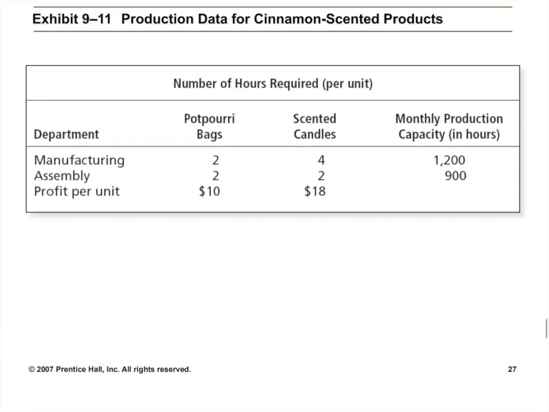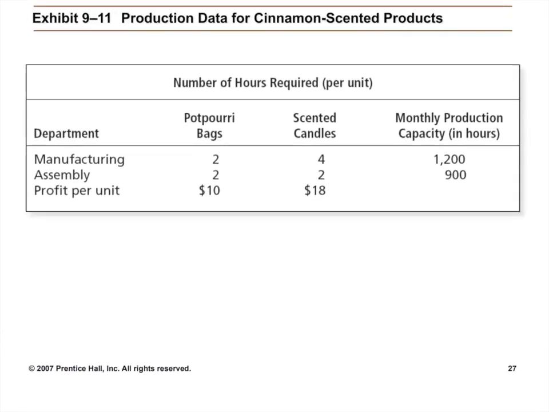You can see this. When we produce candles only, the manufacturing capacity is 1,200. If we use all our capacity to produce candles, how many candles can we produce?